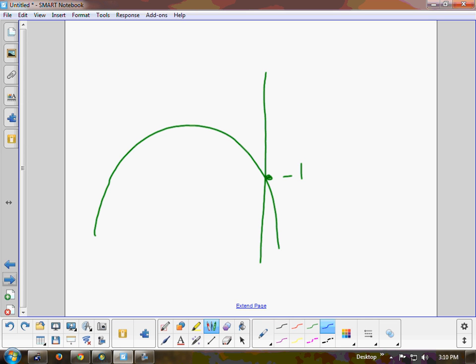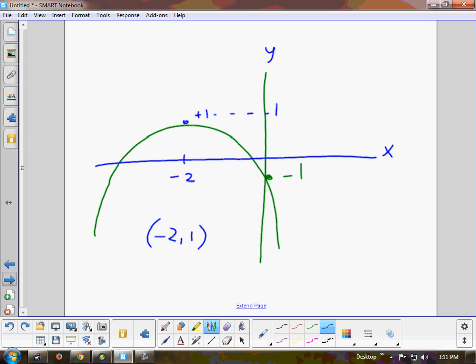What you do need to know is what its vertex and axis of symmetry is. So the vertex would be negative 2, 1. Okay, so its vertex is right here at negative 2, positive 1. Okay, so we write that as negative 2, 1.